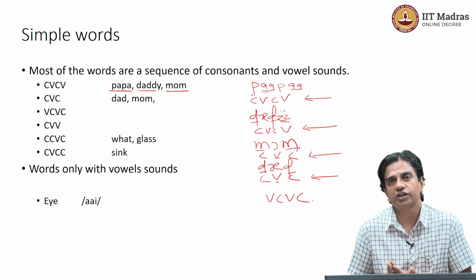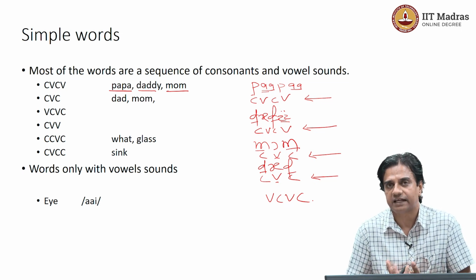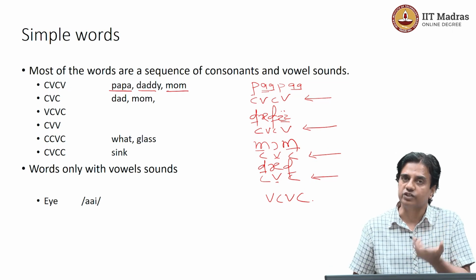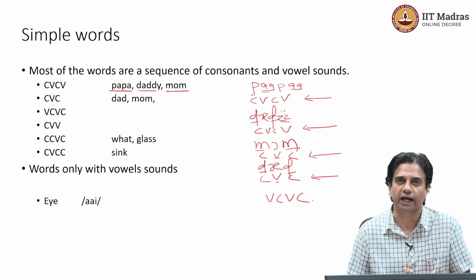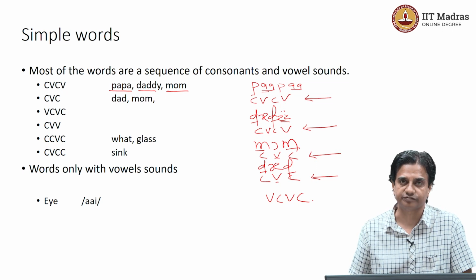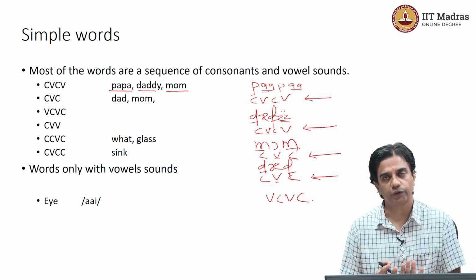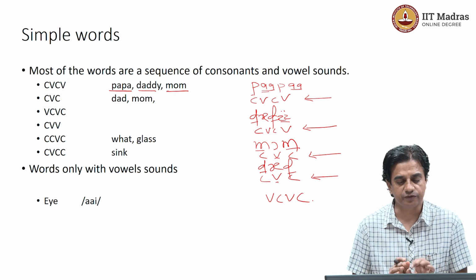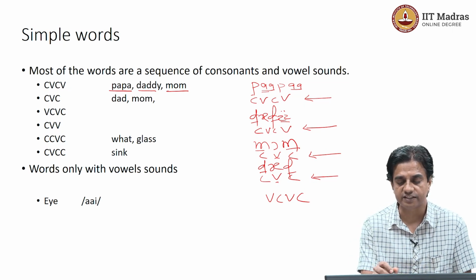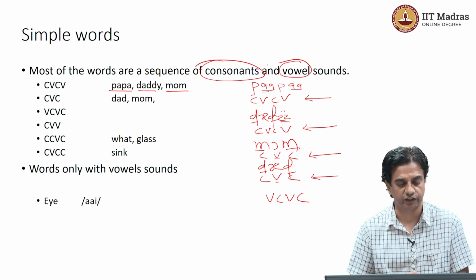So these alternations are possible as a pattern. But which consonant comes and which vowel sound comes, there is no constraint on that. And that is responsible for giving us millions of words in English. So this gives you some idea about the sequence of consonants and vowel sounds in English words.